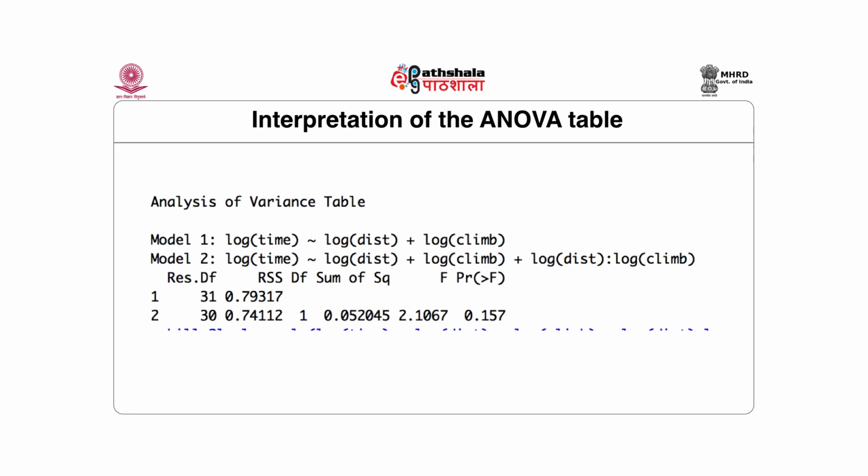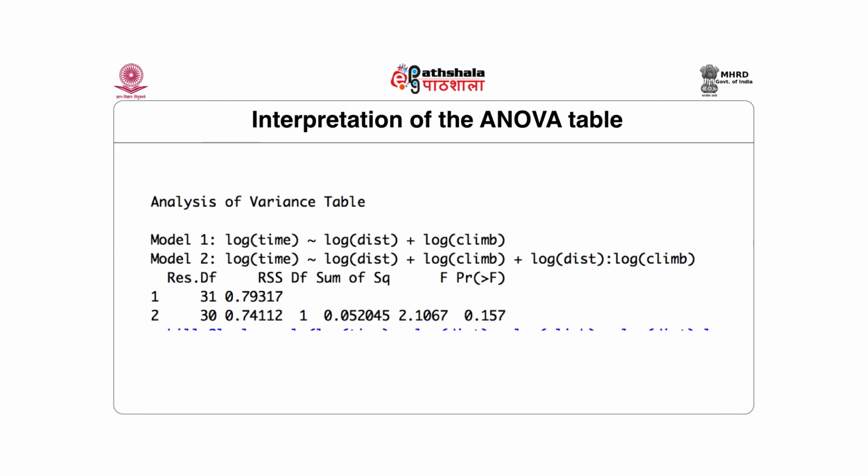So what it does is give you a sense of the residual sum of squares, and then you can see the sum of squares for both the models, and on the basis of this it's going to compare the second model with the first to say, okay, did the addition of the interaction term change the model sufficiently to make an impact?